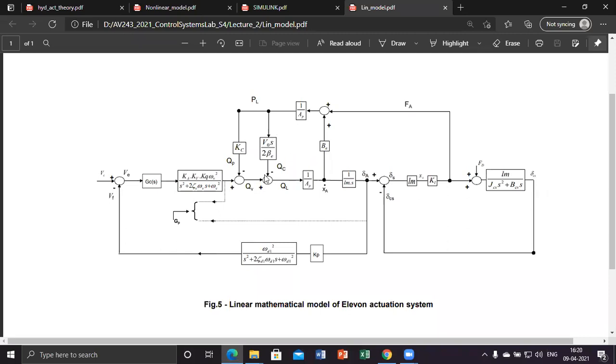The QV minus QC is QL, following. And here I am not using that algebraic loop breaking provision, because this can be directly solved as a transfer function approach. We can make it. And if you want to simulate using Simulink, again you can put the equivalent filters also.